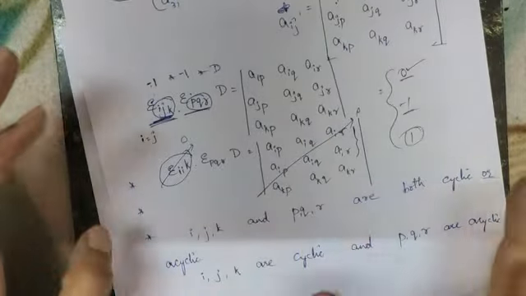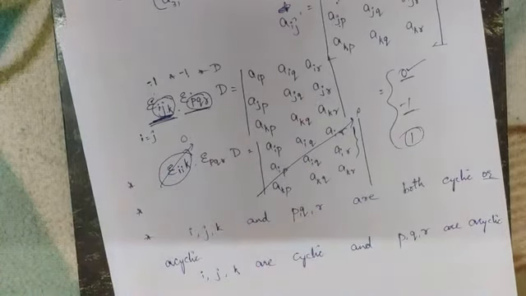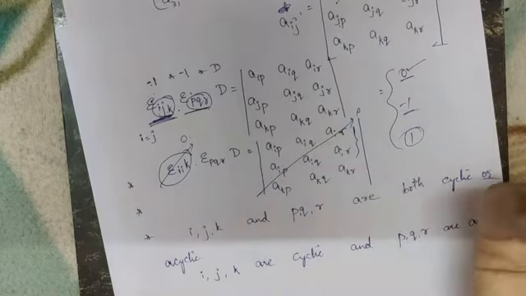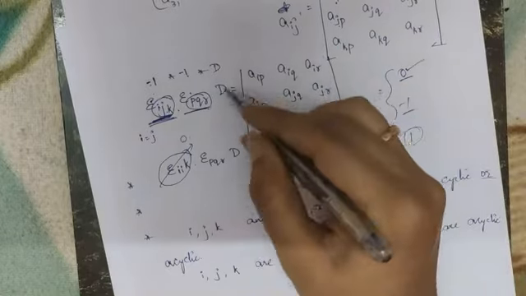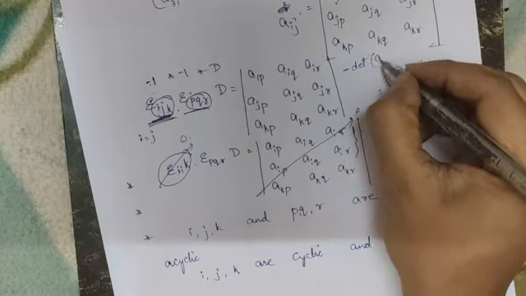Now for the acyclic part, you will get a matrix in terms of the transpose, right? That means your rows and columns get interchanged. So you will get the whole part as minus determinant of Aij.